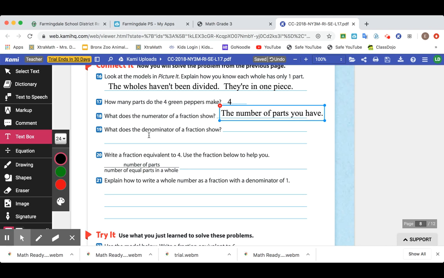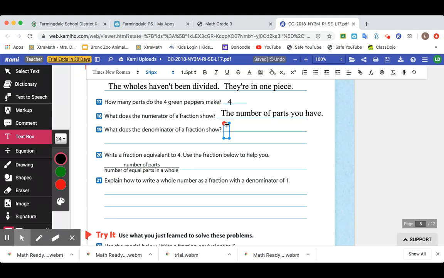Okay, what does the denominator of a fraction show? This is any fraction. So the denominator shows us how many equal parts in the whole. Your teachers have been telling you this since we started fractions.